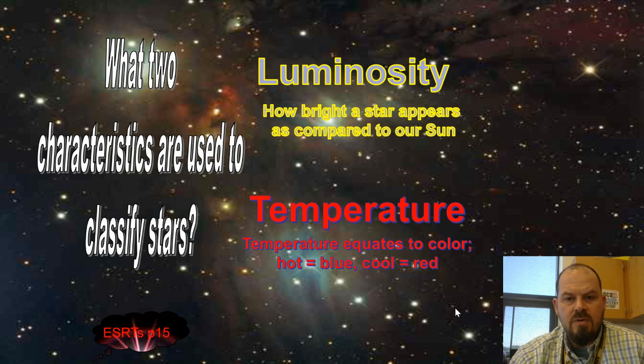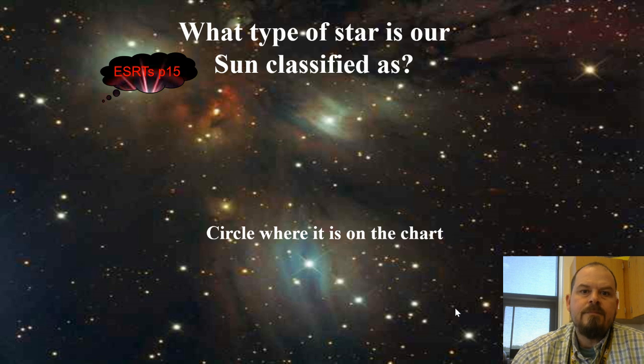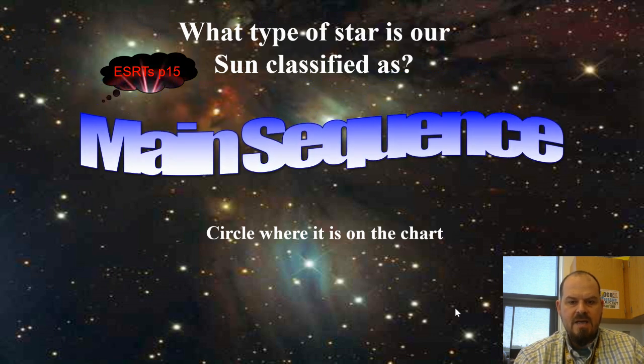Hot is blue, cool is red. So it is temperature, but we can tell them by blues and reds. And you see the chart underneath. What kind of star is our sun classified as? Main sequence. I see the main sequence in the chart.